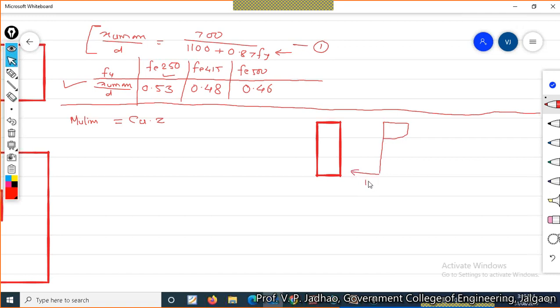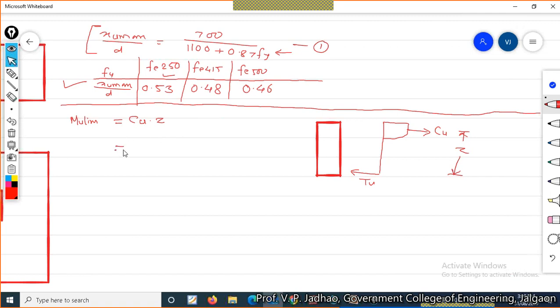Some tension will be there and compression will be there, and this particular distance is the lever arm, that is the distance between Cu and Tu. So the total moment of resistance or limiting moment is given by Cu into Z or Tu into Z. We will ignore Tu into Z and consider only Cu into Z.